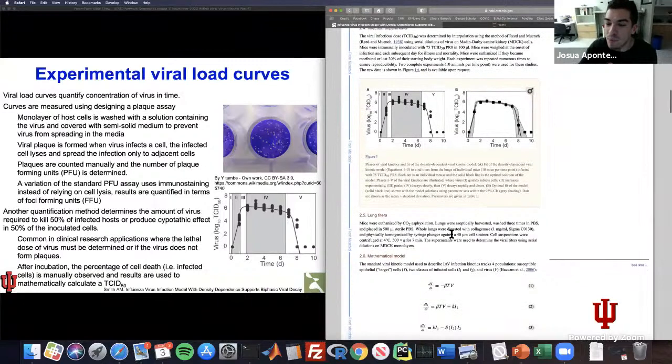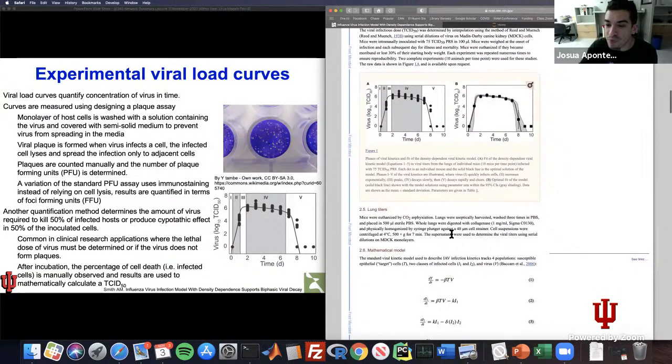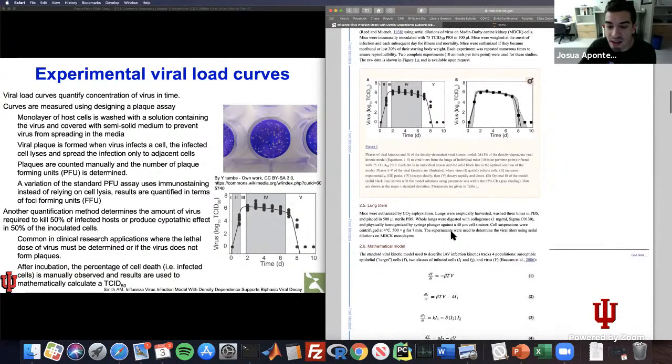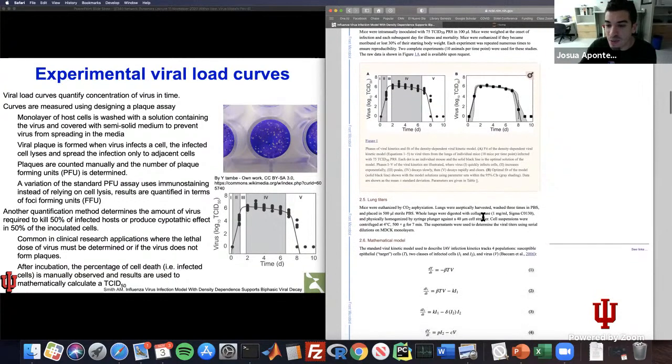Then lungs were harvested, digested with collagenase, and homogenized by a syringe plunger. I don't even know what that means, but that sounds terrible. Sounds like putting them in a food processor, but I'm not sure.